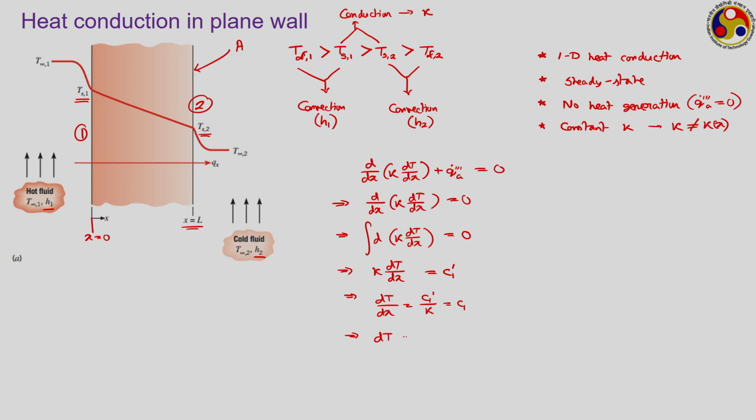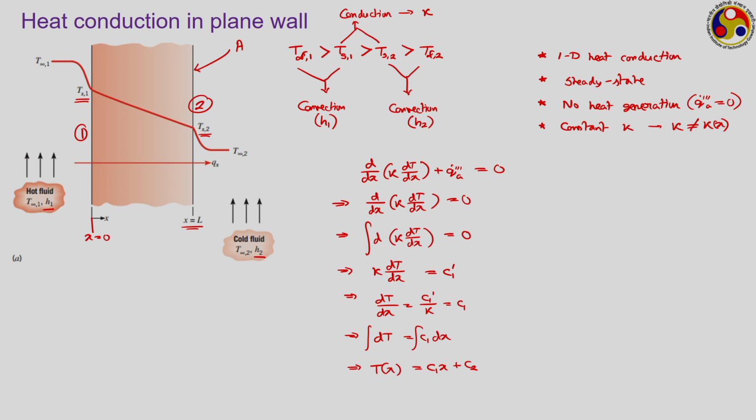So, dT equal to C1 dx, again we are integrating this. So, we get T as a function of x is equal to C1 x plus C2, a very straightforward linear form of equation, that is, temperature variation within the body in the x direction will be linear, and the exact nature of the profile will be dependent upon these two constants C1 and C2.